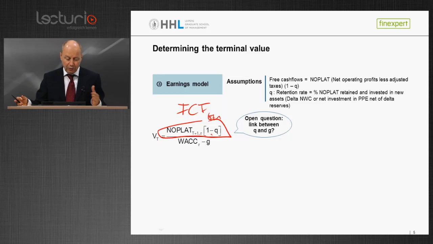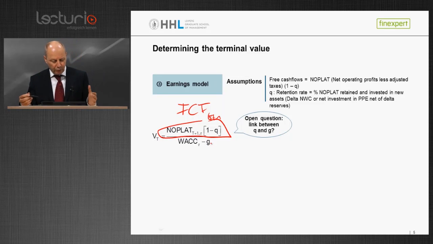So we simply reformulate the free cash flow as earnings figure times 1 minus retention rate. Note that the retention rate, of course, is the opposite, 1 minus the payout ratio. So this Q is simply to be interpreted as the fraction of the earnings figure NOPLAT that is set aside in order to acquire new and additional assets.